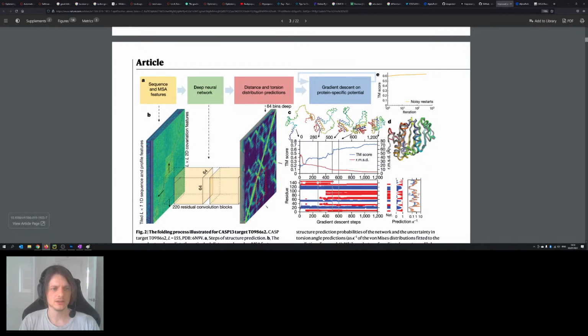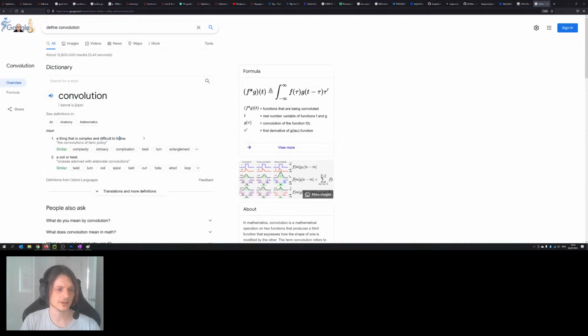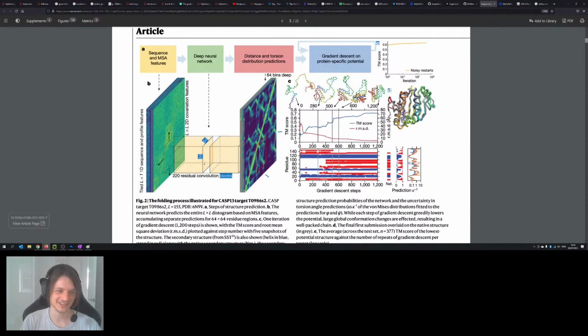Okay. Goes through the deep neural network. 220 residual convolution blocks. Convolution. Define convolution. A thing that is complex and difficult to follow. Residual difficult to follow blocks. Okay. Oh, that's annoying. I can see myself here. And then distance and torsion distribution predictions.